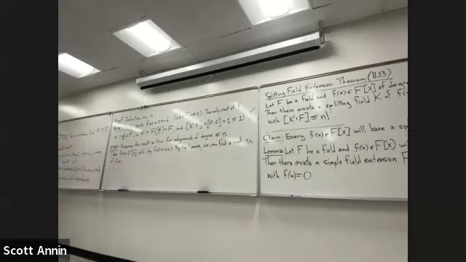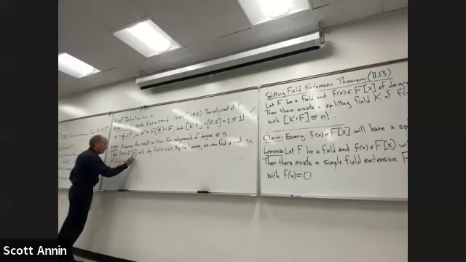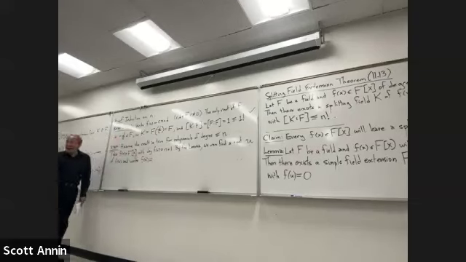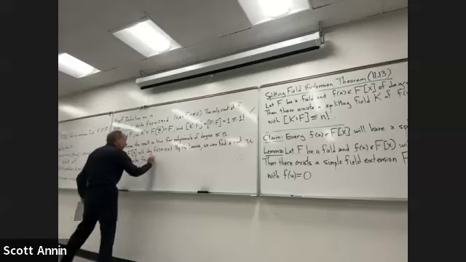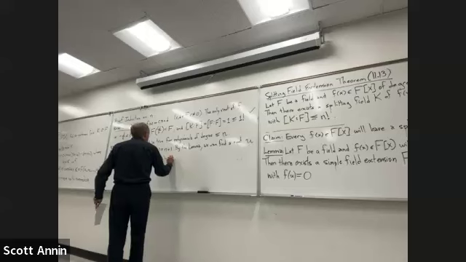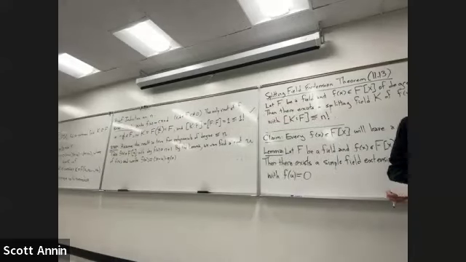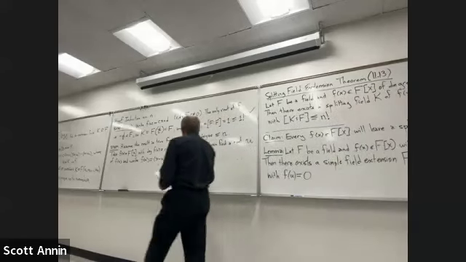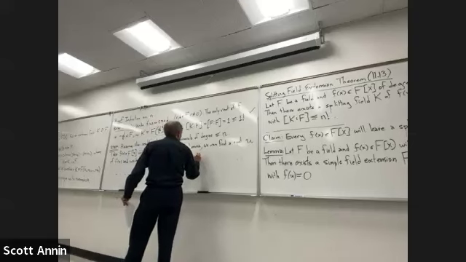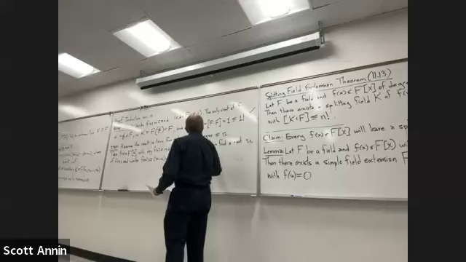So we can find a root of that polynomial f of x and then write f of x as x minus u times some other polynomial g of x. This is the key step, where the degree of g of x is actually n.